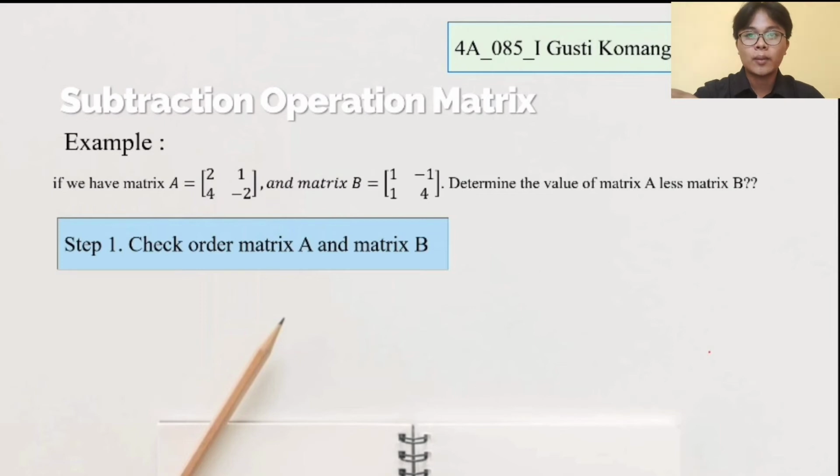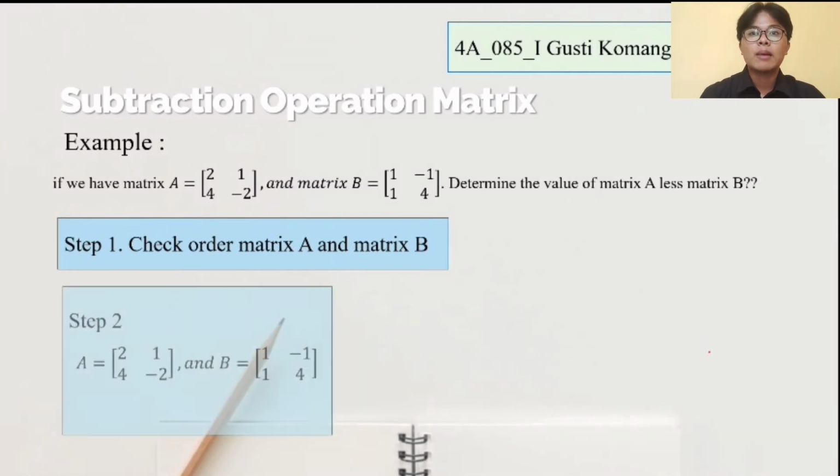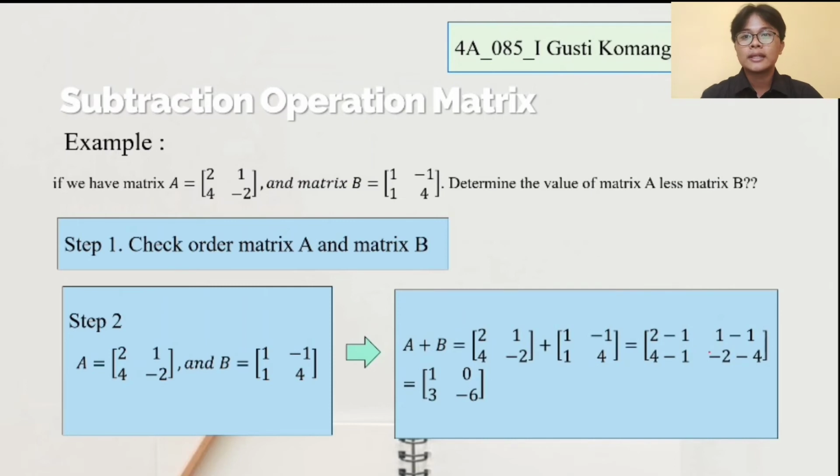The second step is to subtract the corresponding elements of matrix A and matrix B. From the question, we get 2 less 1, 1 less minus 1, 4 less 1, and minus 2 less 4. Then, we get a new matrix with elements 1, 2, 3, and minus 6.